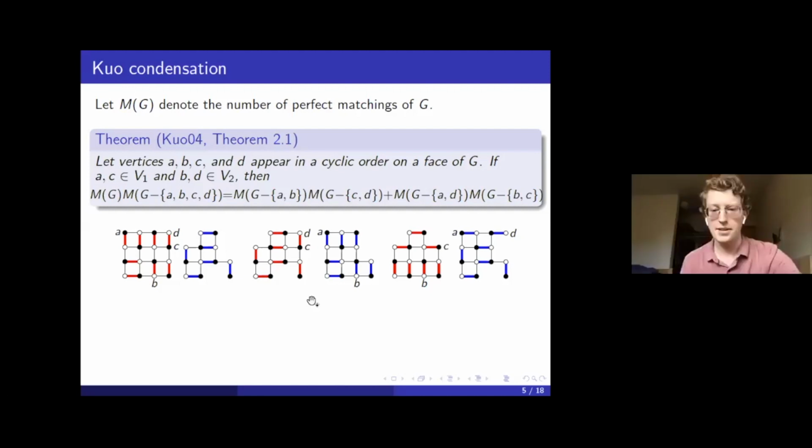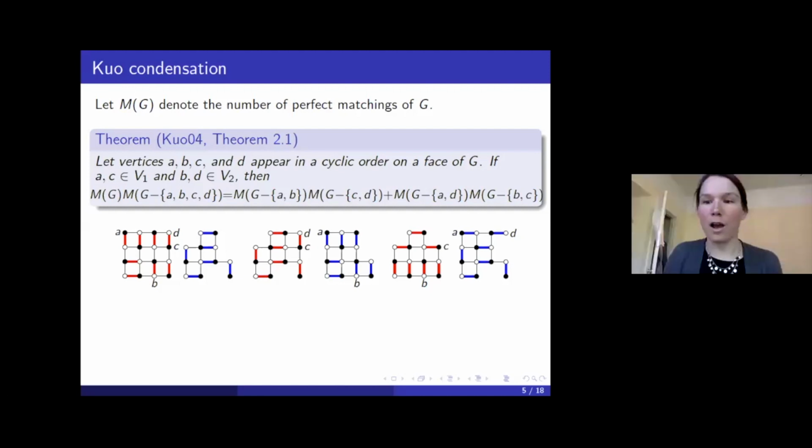So notice— Helen, there's a question in the chat asking what a face is. Clarification on that. Whenever you draw a graph in a plane, the edges separate the plane into regions. So like this would be a face. Is that clearer?